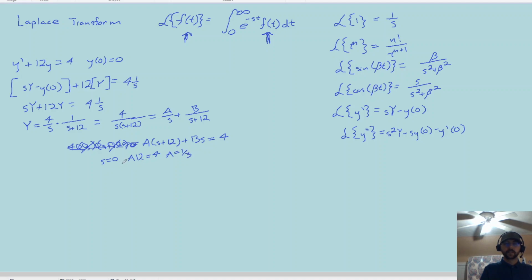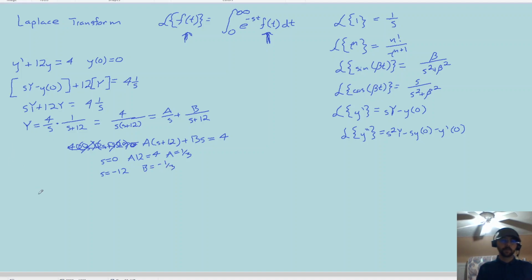Then we take s equals -12, and this time the a side goes to 0, so we're going to have -12b equals 4. 4 divided by -12 is going to be -1/3. So b equals -1/3.